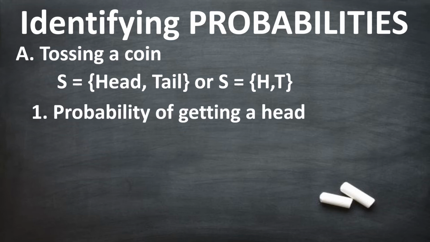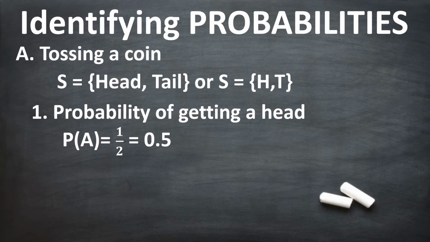Now that we already have the sample space, we can now identify the probabilities of a given event. Let's say that the given event is the probability of getting a head. So in getting the probability of this event, we denote it as P(A) is equal to.